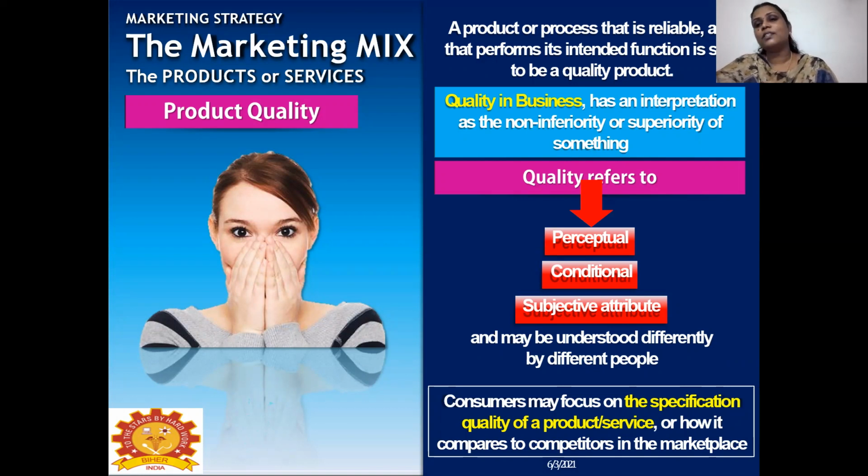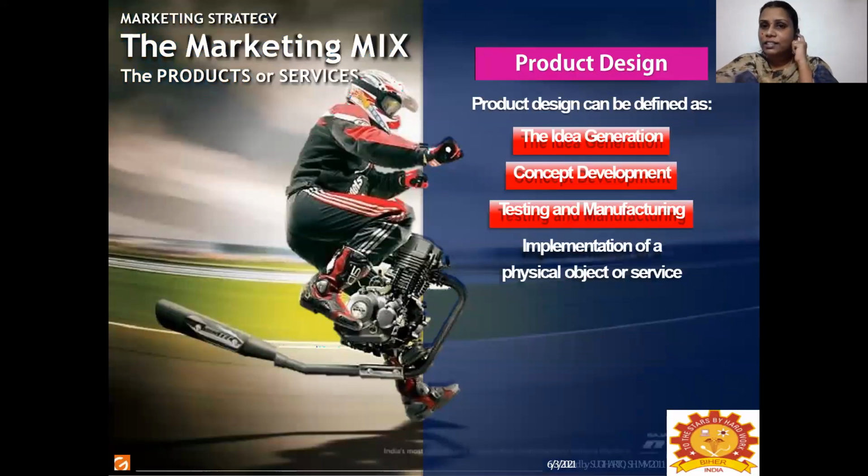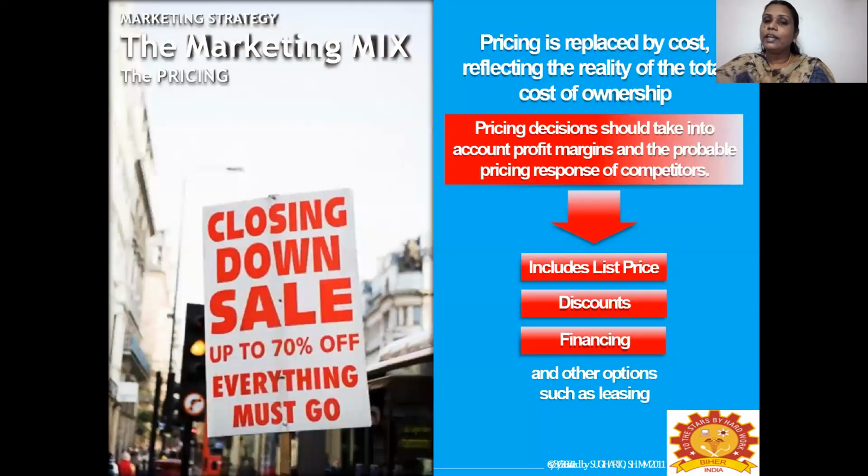You should understand that it is different for different people, and you have to customize as per your segments in the marketing. And then we have the product design. The product design has to be clearly defined at the idea generation stage, and at the concept development and test marketing also helps us to fix this problem. So implementation of a physical object or service is all about the product design, which has to be given importance.